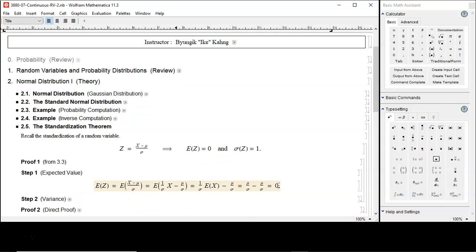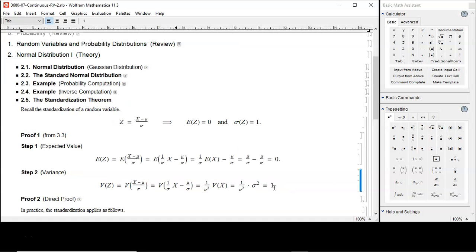If you recall the expected value of aX plus b form and the variance of aX plus b form, here a is 1 over sigma and b is minus mu over sigma. But how do you get those expected value and variance of aX plus b form?